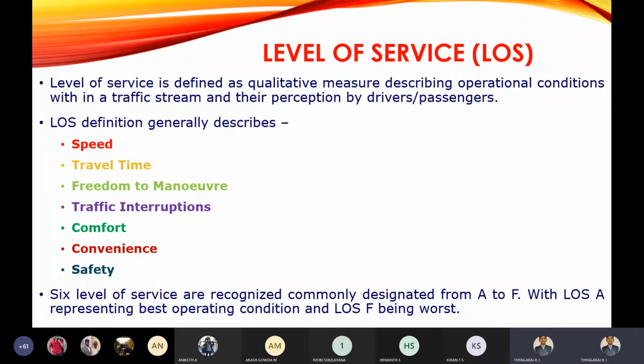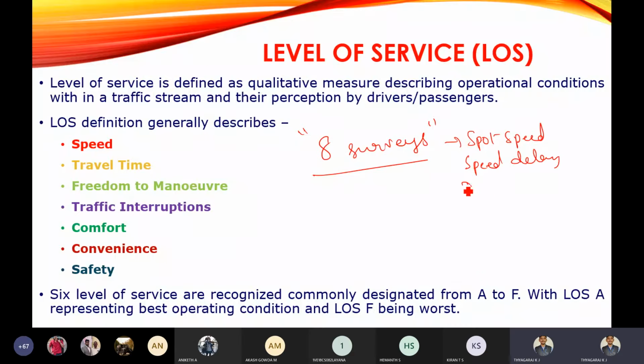Till now we have discussed the various studies which are conducted on traffic. There are 7 to 8 surveys we have discussed, that is, collection of data: spot speed, then speed and delay, then traffic volume, origin and destination study, accident study, then parking study.